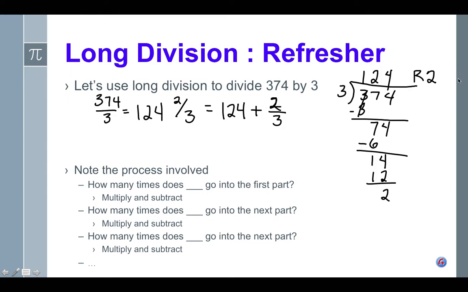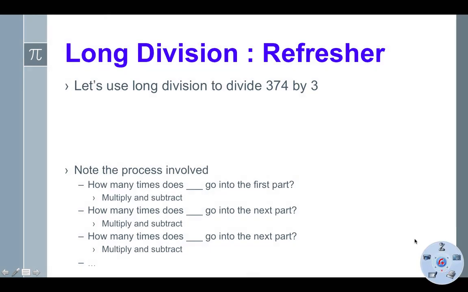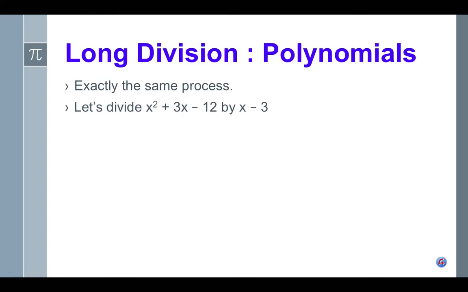So what we're going to start with is long division of polynomials. The process is exactly the same. All right, so let's go ahead and move forward into that idea. Long division of polynomials. As I mentioned, it's exactly the same process. We're going to divide x squared plus 3x minus 12 by x minus 3.